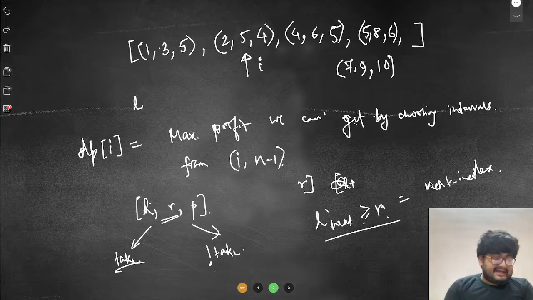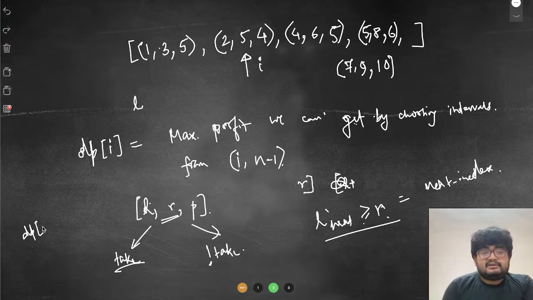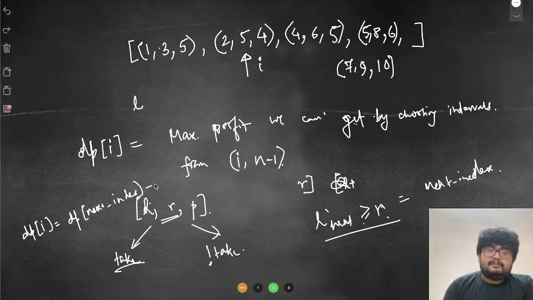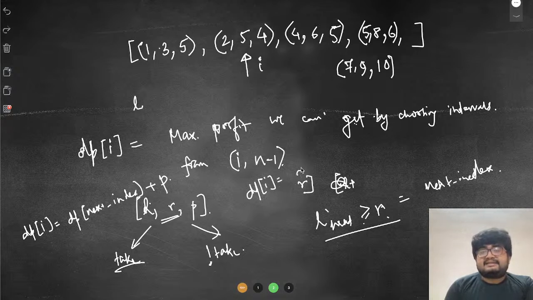After binary searching, we get the next index. So what is dp of I? dp of I is equal to dp of next index plus the profit, if we take I. Or we will not take it, in which case dp of I is just equal to dp of I plus 1, with no profit added.